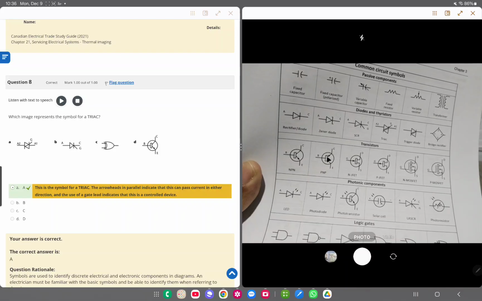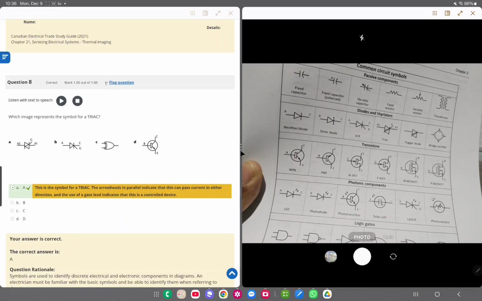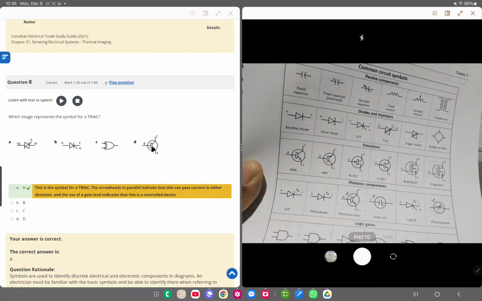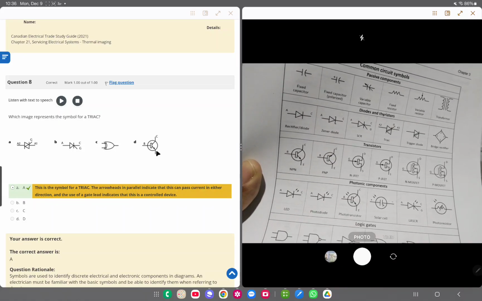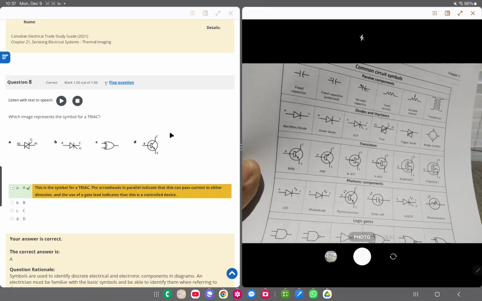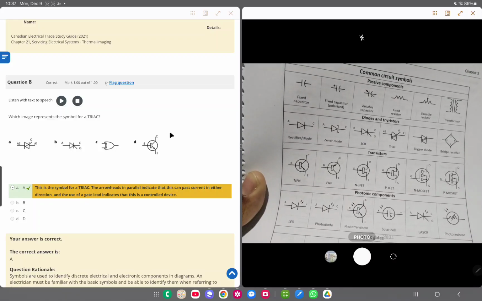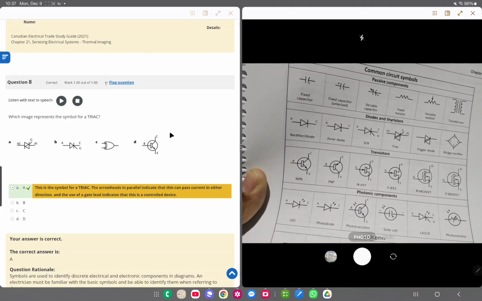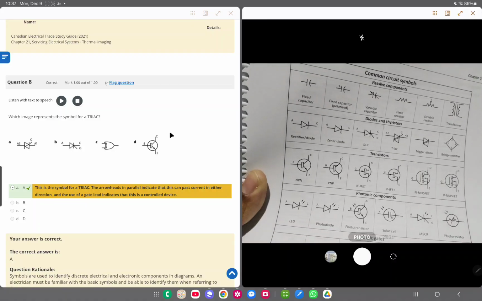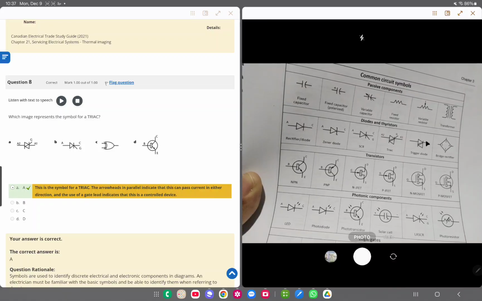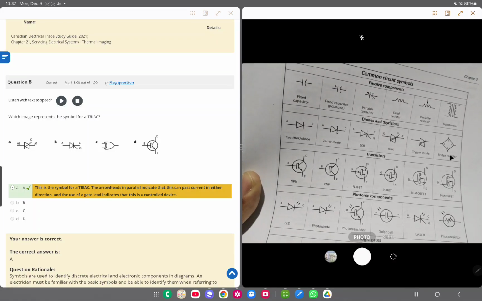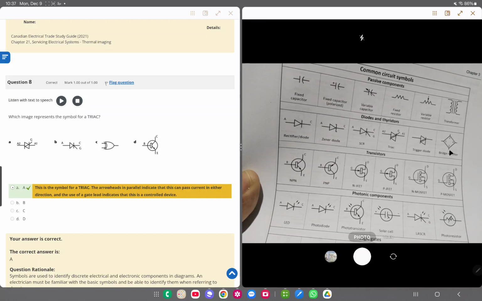PNP is pulling first, and NPN is pushing first. So that's how I remember that. An SCR would be a single diode by itself with a gate. A trigger diode would look like a triac without a gate, and then the bridge rectifier, obviously, with the 1, 2, 3, 4.